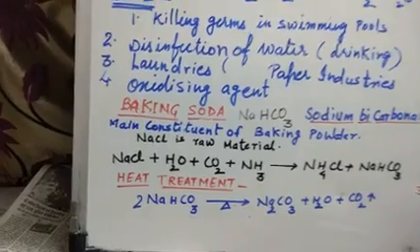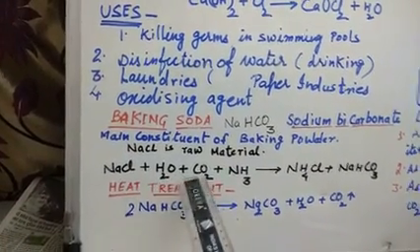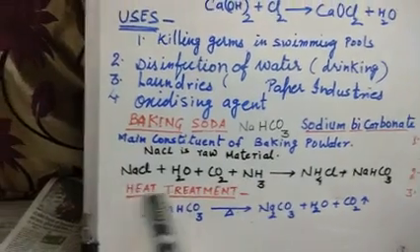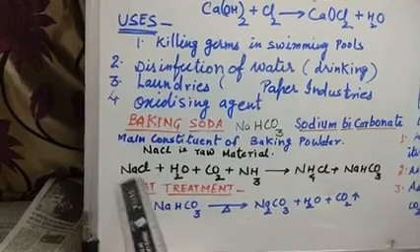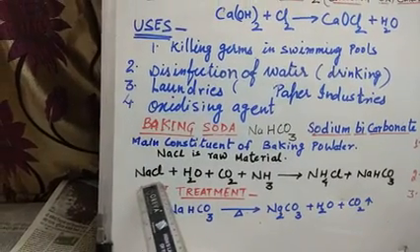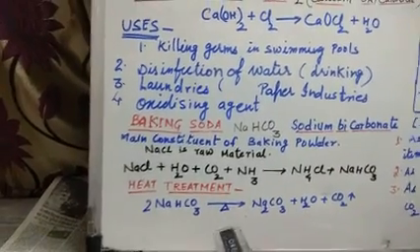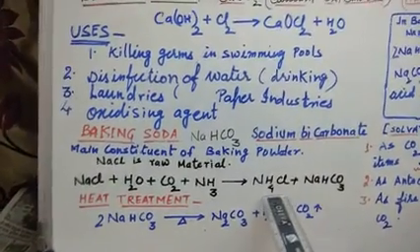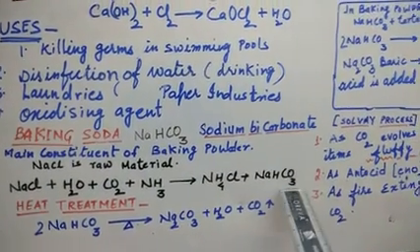So along with NaCl, water, CO2 and NH3, when combined together, ammonia, carbon dioxide, water and sodium chloride salt, these four when they react together, we get ammonium chloride, that is NH4Cl, and NaHCO3.